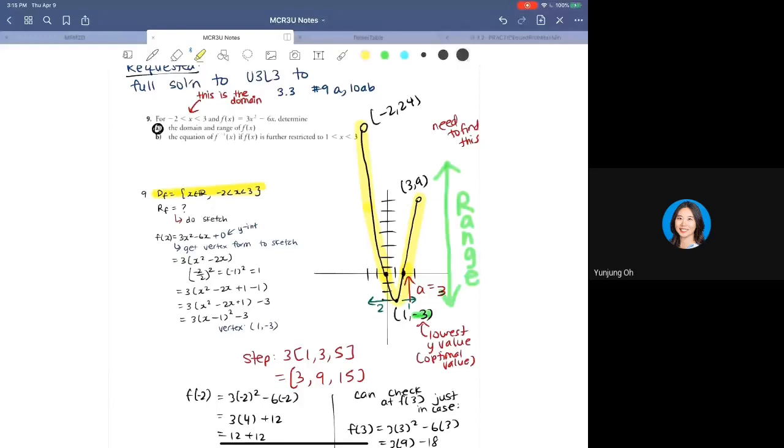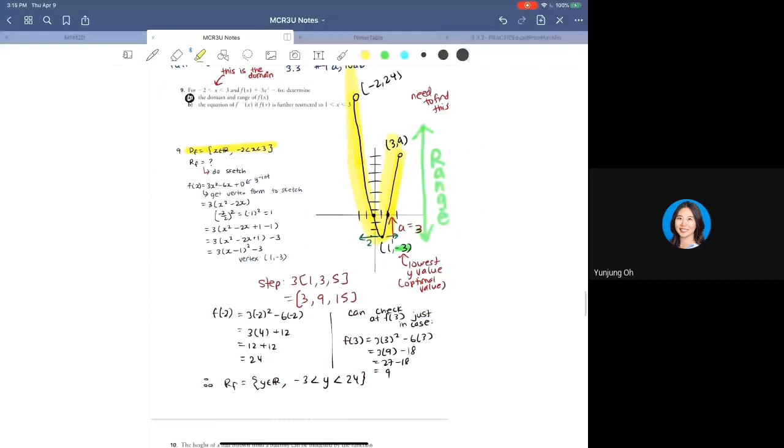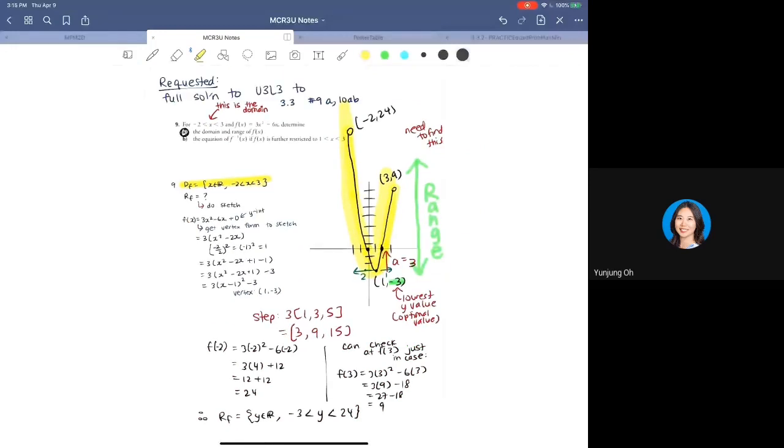Anyways, so my sketch was like this initially, and then I try to find my values. So I'm doing my writing in green to find the range. That's what I'm focusing on. According to my little drawing, I know my lowest value is going to be -3 because of the vertex.